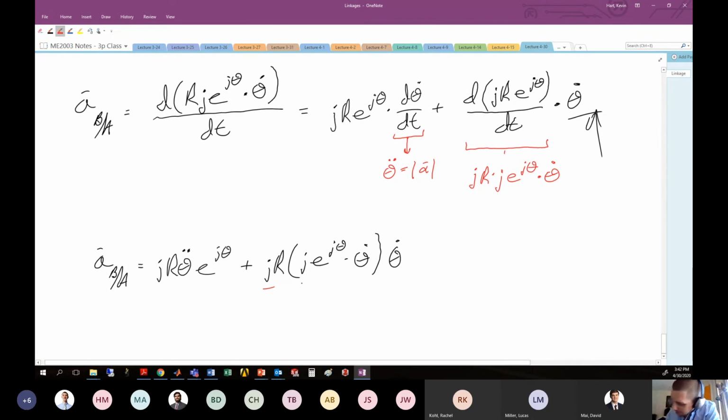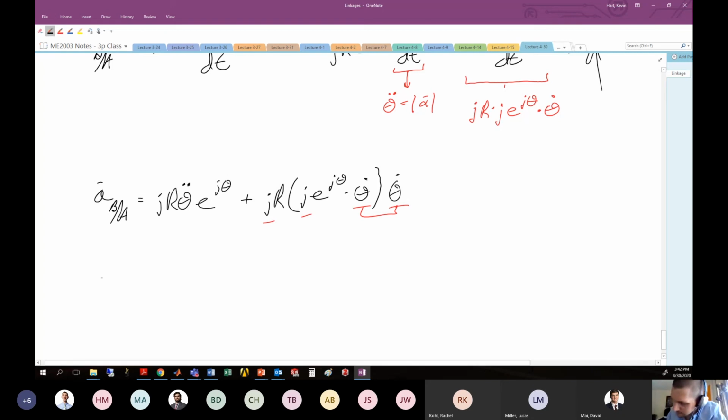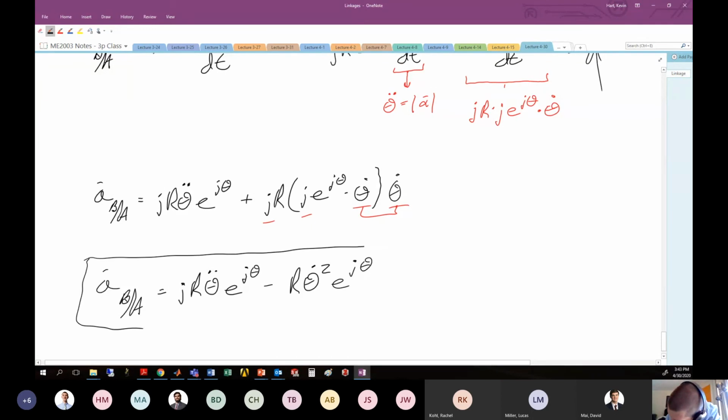See here that we have like a j times j, and we have two theta dots. So we'll simplify this slightly, and we'll have the acceleration of B relative to A is j r theta double dot e to the j theta minus r theta dot squared e to the j theta. This is your most general expression for the acceleration of any arbitrary point given this position vector that you know.